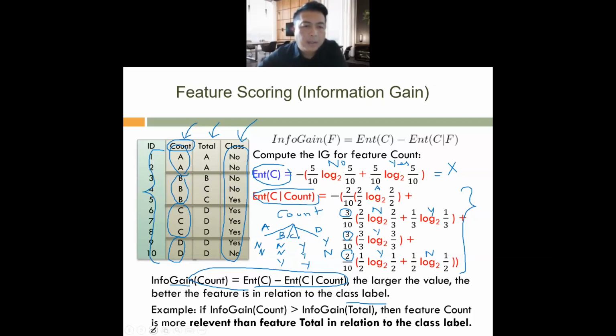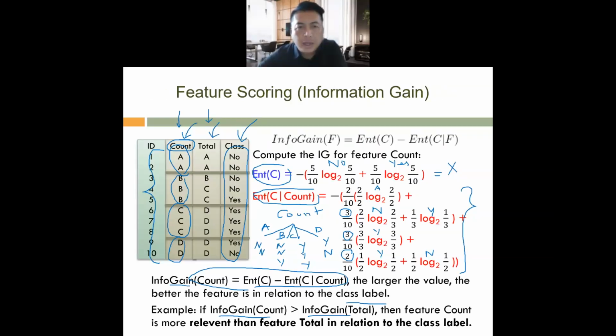So for example, if the info gain for the count is greater than the info gain for the total, then feature count will be used to split your data first. Okay, because it is considered more relevant than the feature total in relation to the class label. Okay, so pay attention to this because you will be asked in the midterm.